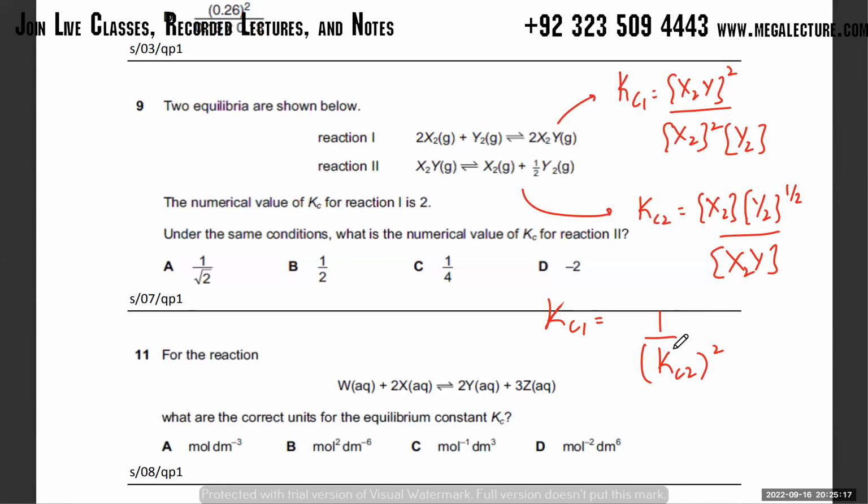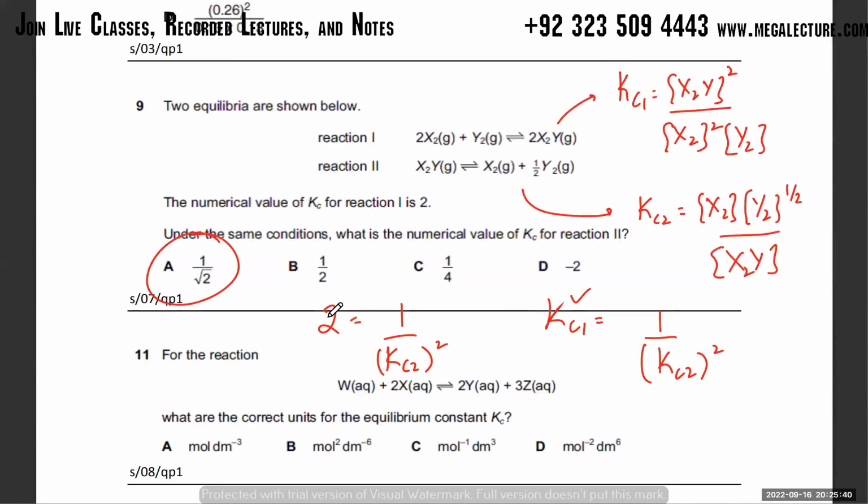Yes. And they gave us the Kc for reaction number 1, which is 2. So that means 2 is equal to 1 over Kc2 squared, right? They gave us the value for Kc1, so now find Kc2. It's going to be 1 over 2 under root, right?